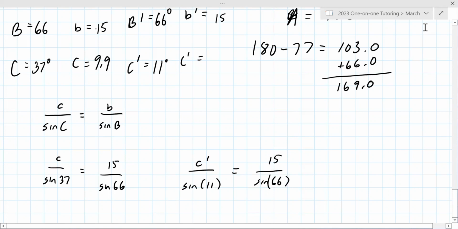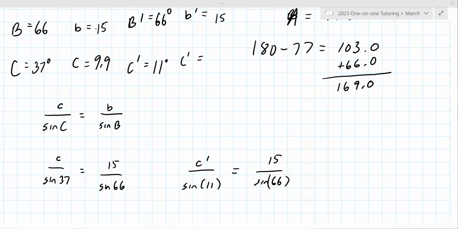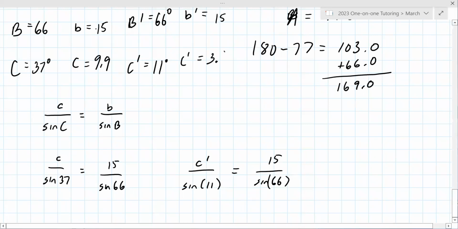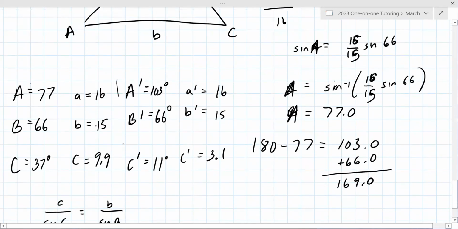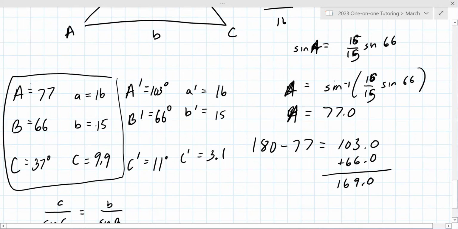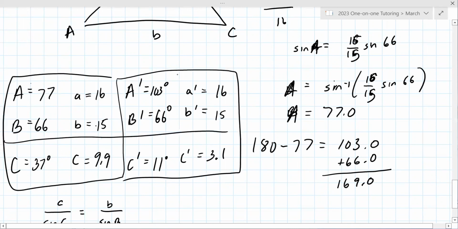And that should be about 3.1. Yeah. Okay, all right. So you really want to make sure your answers are clear, that there are two triangles. Kind of makes it nice and easy to grade for them.